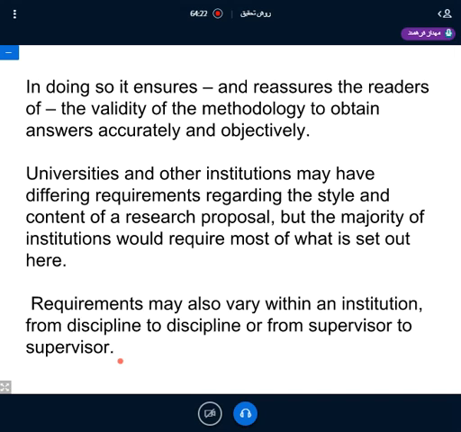So planning from one discipline to another discipline, or from one supervisor to another supervisor, is very different. And this is very important for the researchers.